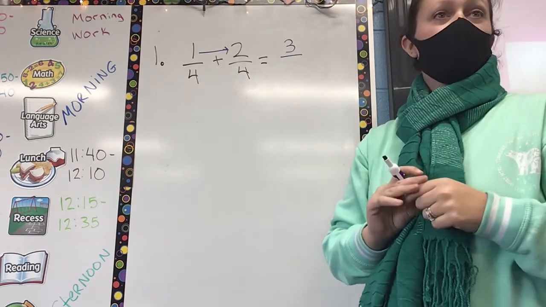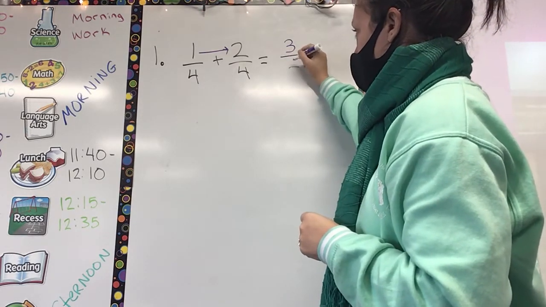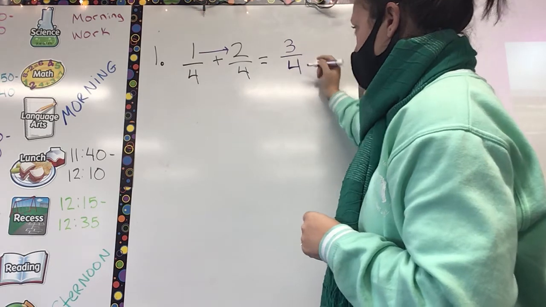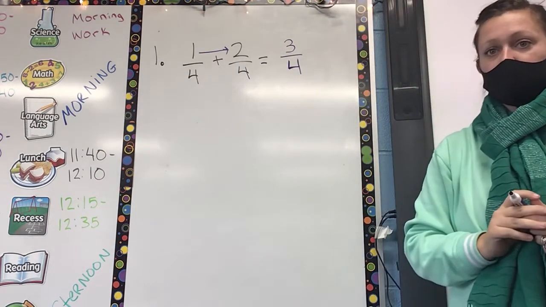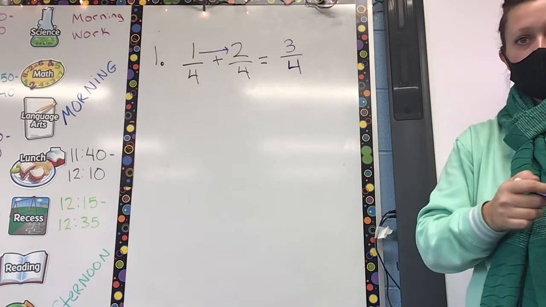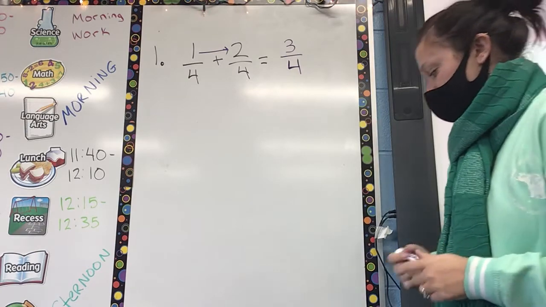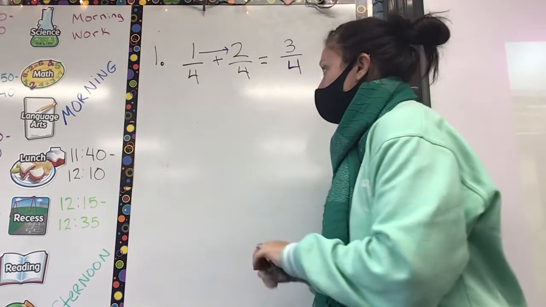I'm using the 4. The 4 is not changing. It is staying the same. So my answer here is simply 3/4. We added our numerators. Our denominators were already like, and I kept it the same. Let's do another one.